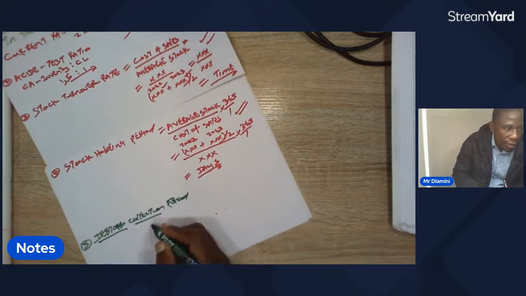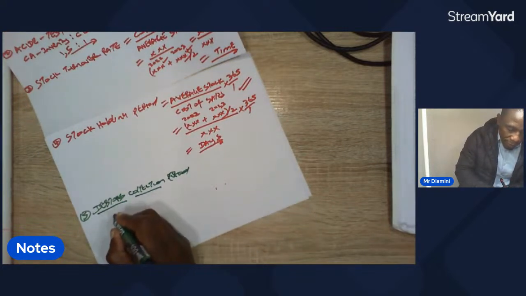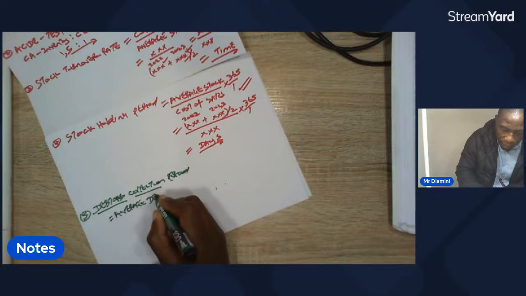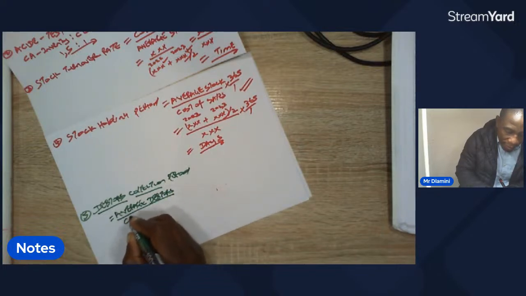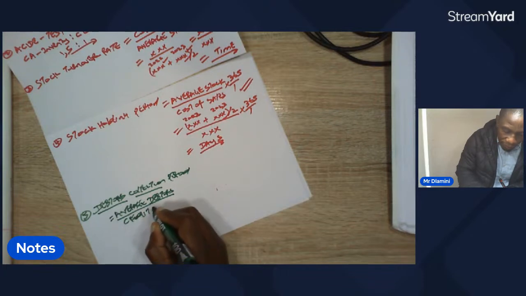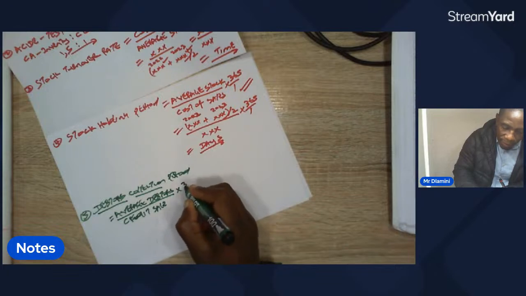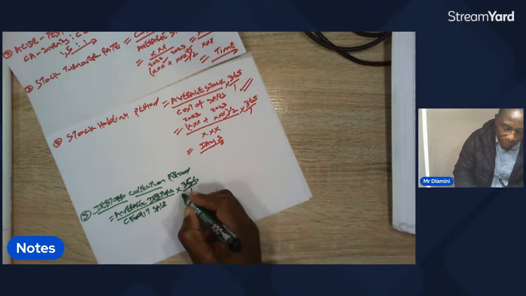That's why we call it the debtors collection period. The formula is average debtors divided by credit sales, times by 365 over 1.